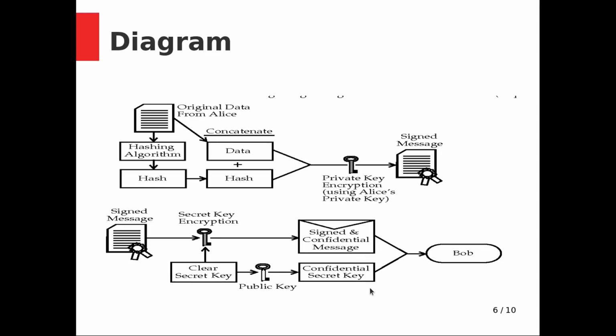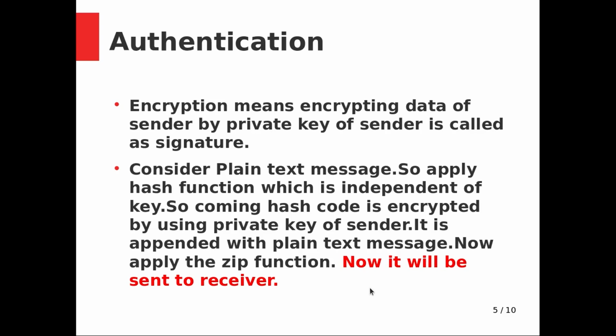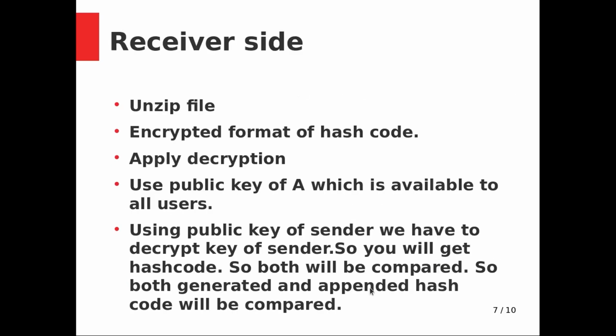So that is all about authentication. Now on the receiver side, unzip the file, take the encrypted format of the hash code, apply decryption, and use the public key of A, meaning Alice, which is available to all users. Using the public key of the sender, we will get the hash code. So both will be compared.